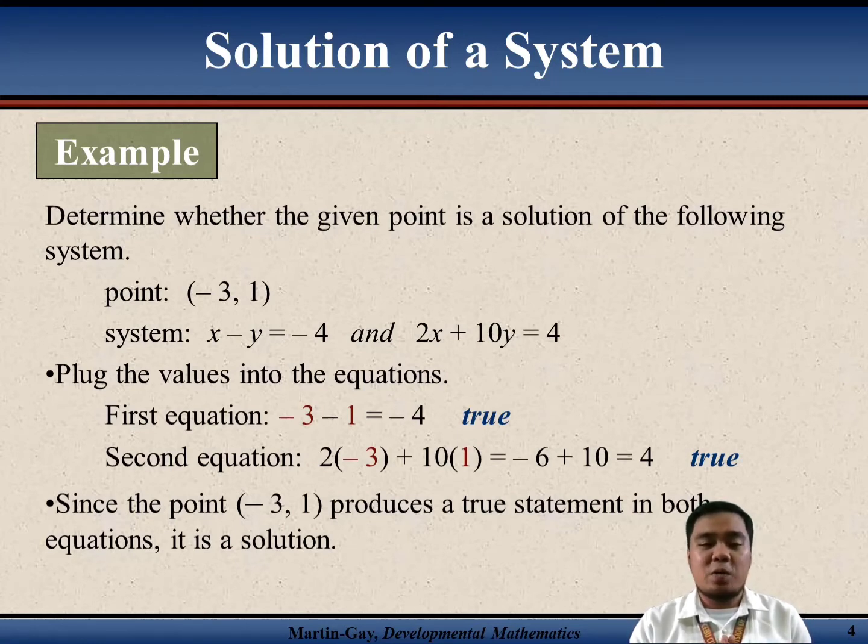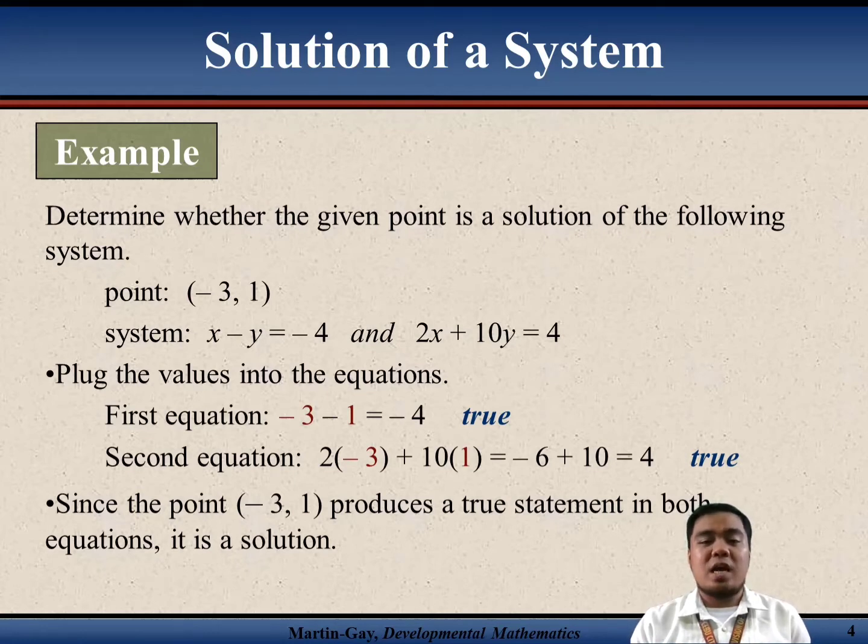Now for the second equation, that is 2 times -3 as the value of x, plus 10 times 1 as the value of y, is equal to 2 times -3, which is -6, plus 10, is equal to 4. So what is -6 plus 10? That is equal to 4.